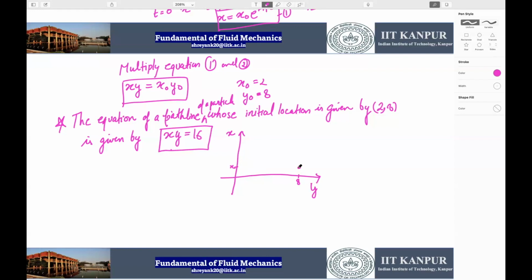So I think the path line it follows looks like a corner flow. So this is the equation of the path line followed by this particle.